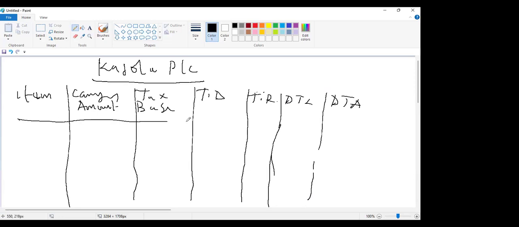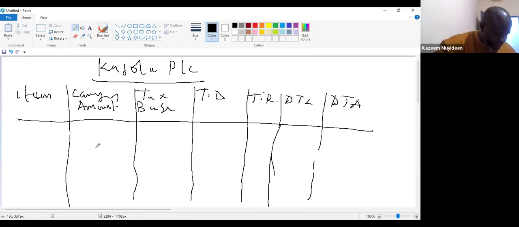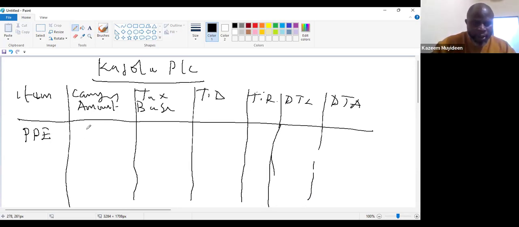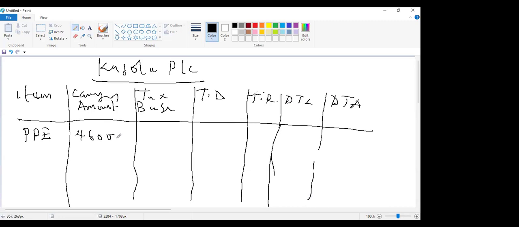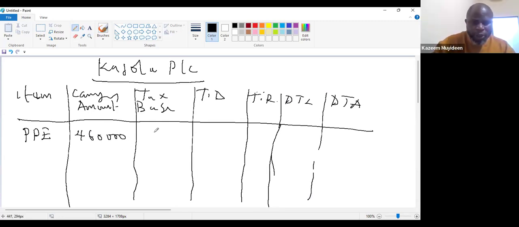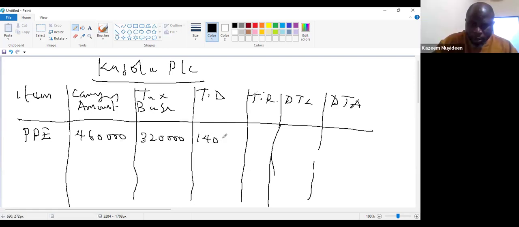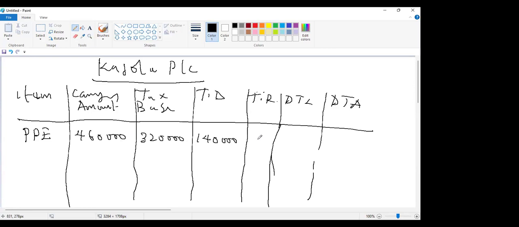So now, if you look at the item, they gave us PPE, the carrying amount of the PPE in question 17 was 460,000. They gave us the tax base to be 320. What is the temporary difference? 140,000.